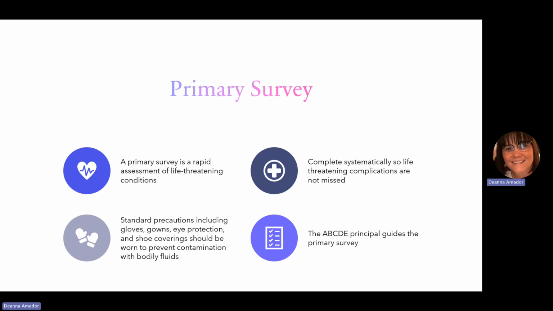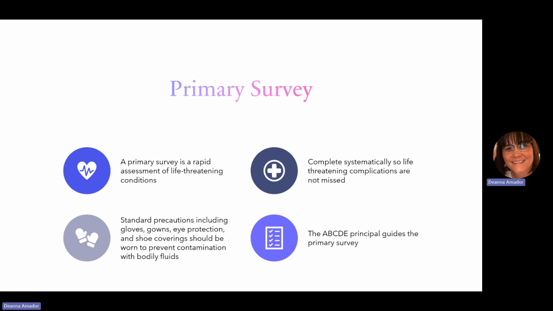You complete this assessment systematically, looking at your patient, so life-threatening complications aren't missed. They'll be using the ABCDE principle to guide the primary survey.